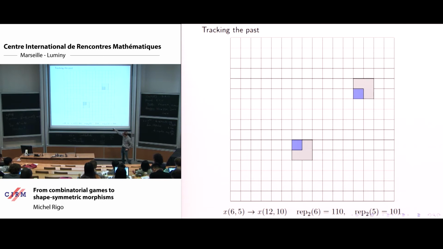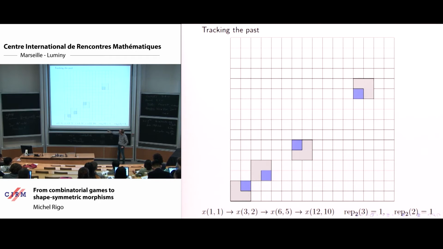And again, this blue cell in position 6, 5 comes from some cell before it. So I just divide by 2 and forget about the last digit. And so it comes from 3, 2. So this means that the blue cell here, its image is the 2 by 2 block which is here. And again, this blue one comes from the block 1, 1 here.